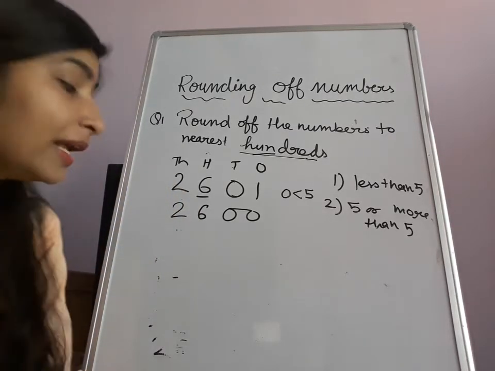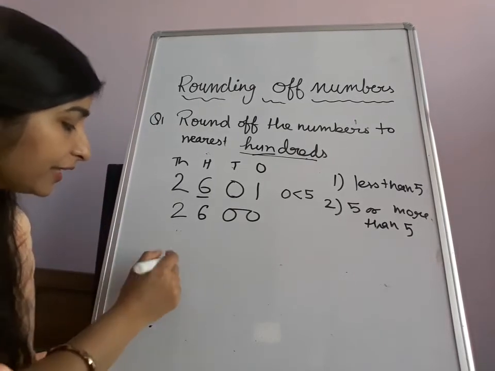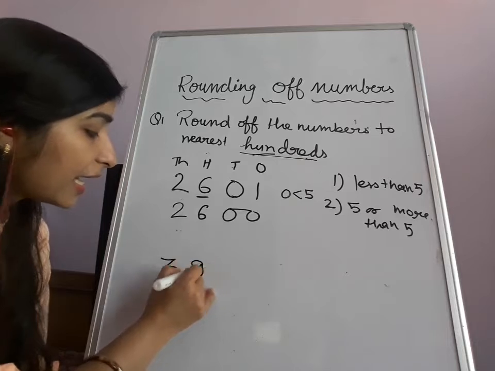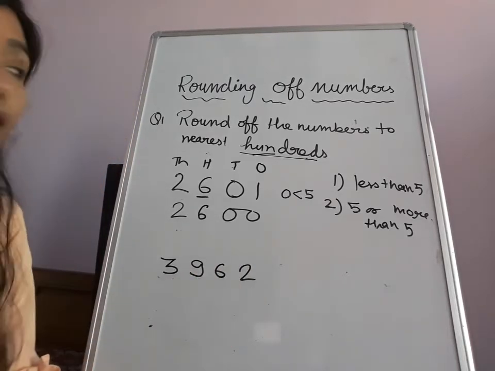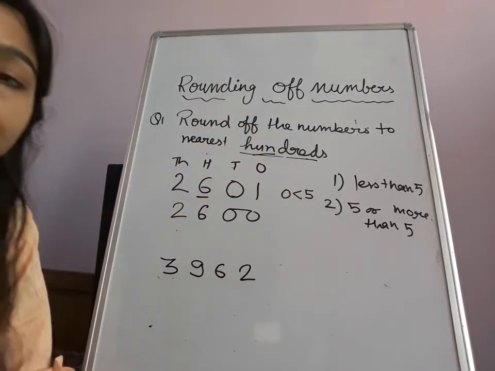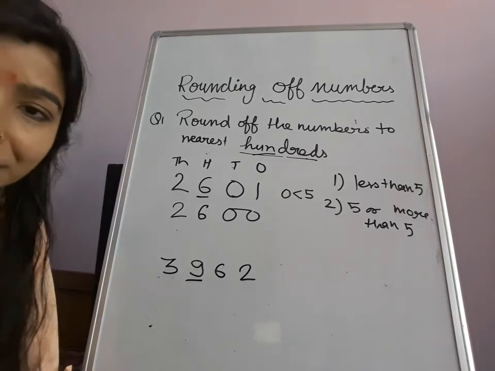Okay. Now one more example I am taking. I am taking 3962, and I have to round off to the nearest 100. So I will underline the 100 place.